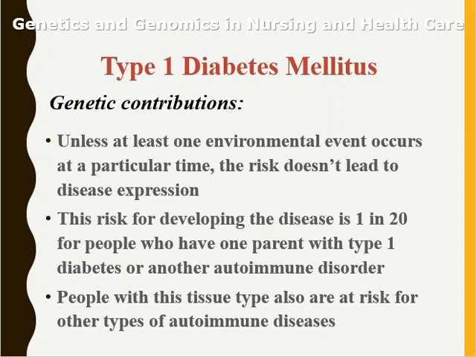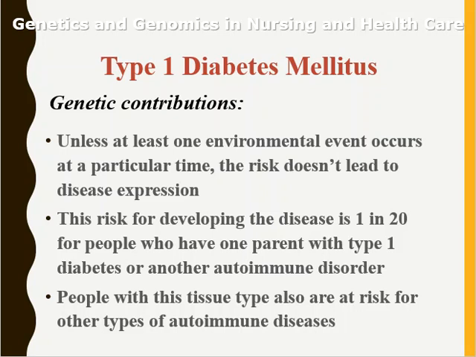So unless at least one environmental event occurs at a particular time, the risk does not lead to disease expression. As I've mentioned, you've got to have both components occurring for the expression to manifest. So the risk for developing the disease is 1 in 20 for people who have one parent with type 1 diabetes or another autoimmune disorder.